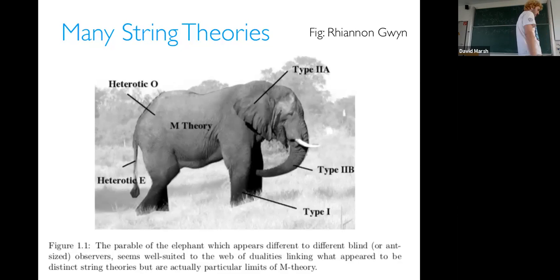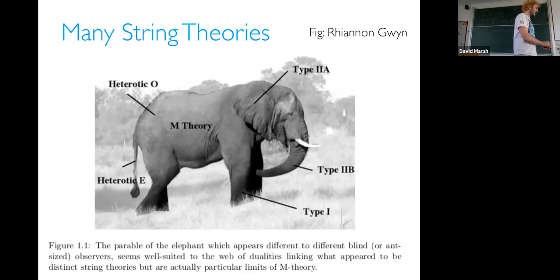So the parable here is, I think, from Indian mythology. There are all these old blind men, and they're standing around an elephant, and they describe what are we seeing here? One of them is feeling the legs, and he goes, right, it's a tree, definitely a tree.